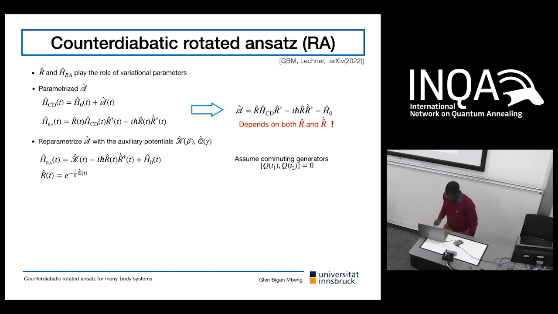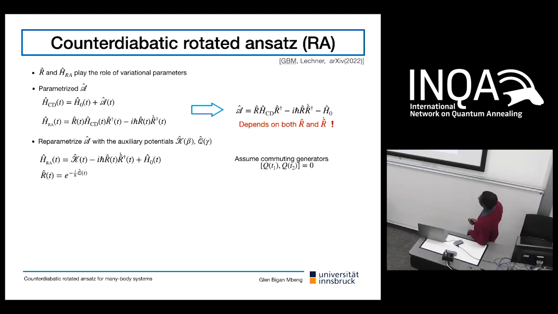To solve this problem, we use a reparameterization approach, and we reparameterize in terms of auxiliary potentials. This is a K, I don't know if it's possible to read it, and this is a Q. We call them K and Q, the auxiliary potentials that we use for the reparameterization.